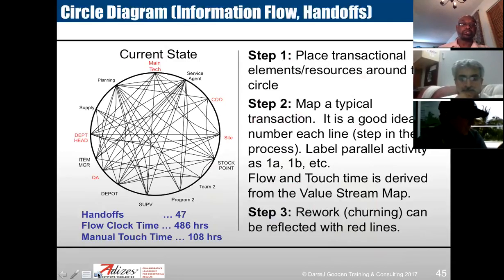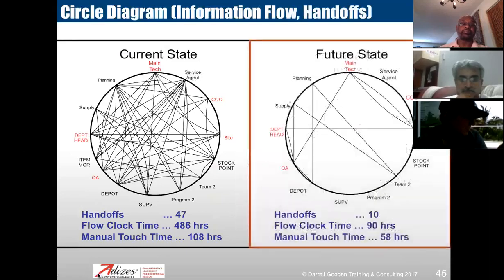Whereas when you look to improve that, you say, can we eliminate anybody out of this process and therefore reduce the number of handoffs, substantially reduce the flow clock time, the total time it takes to do something, and the number of touches. So we see here in this example, the manual touch time was reduced almost in half. Flow time is total time.